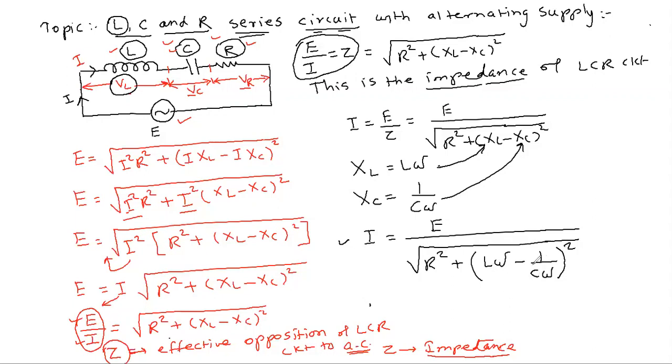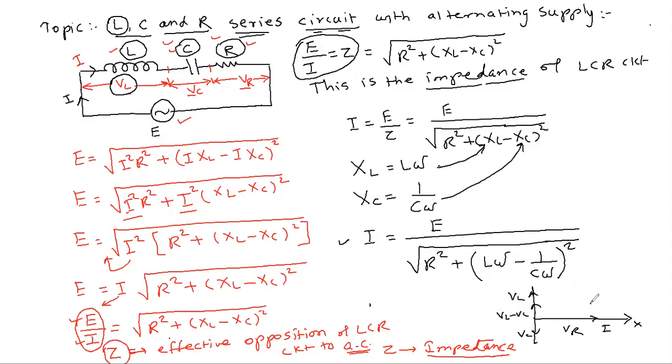Now let phi be the angle between E and I. So in the figure itself, in this particular figure, we have considered current I along the x-axis, and VR is nothing but the potential difference across this resistor. Then this was the value of VL. This is the value of VC. Then the resultant will be VL minus VC.